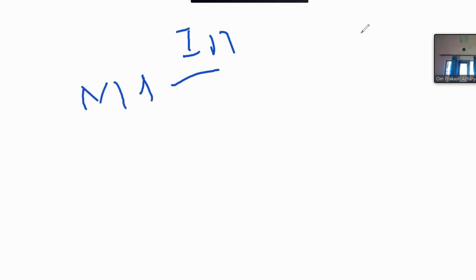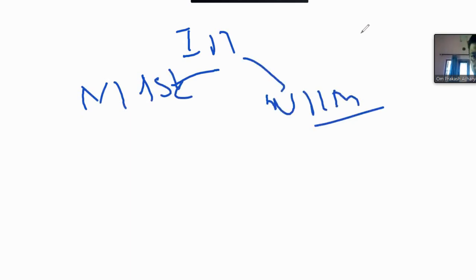He has to enter into the class and whatever he wants to tell, he will tell. Getting my point? So that means interrupts are of two types, maskable and unmaskable. Which is maskable, which is unmaskable, clear. So some interrupts are maskable, some interrupts are non-maskable.